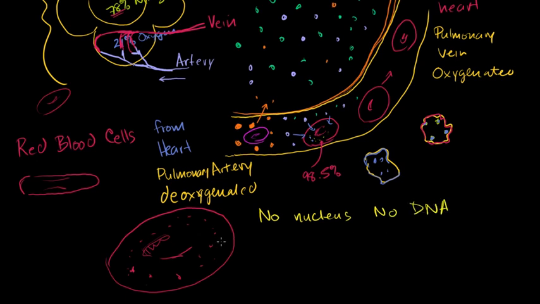This is mind-boggling when I first found it. I was like, well, why is it a cell? Is it really even a living thing? And it turns out when it's growing, it does have a nucleus. All cells need a nucleus with DNA in order to generate the proteins that build them up and structurally make themselves the way they need to be made. But the whole point of a red blood cell is to contain as much hemoglobin as possible.